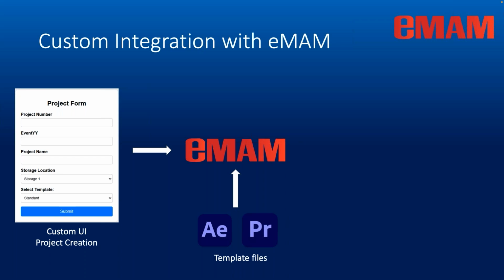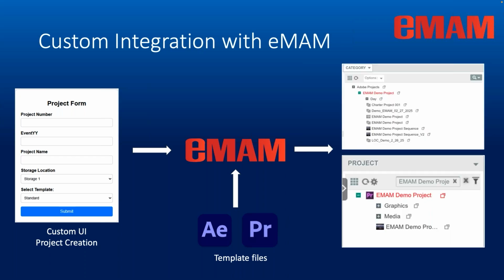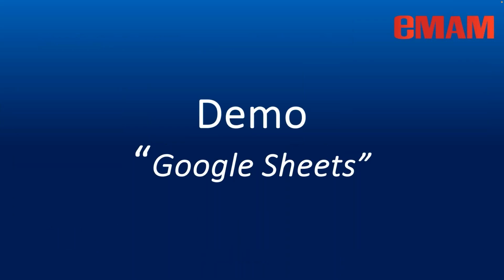It tells eMAM to go ahead and grab that template and then build out for us the category structure, as well as the Premiere project with the After Effects project built into it or linked to it. So when this user or editor checks out this project, they'll have the After Effects and also the Premiere project coming down to them. So quite unique in that case.